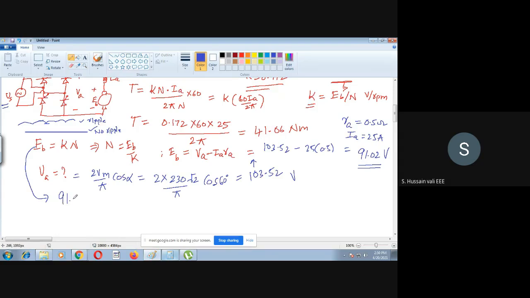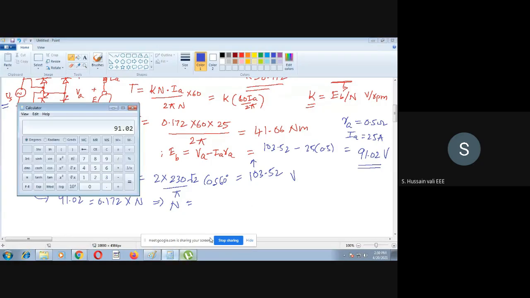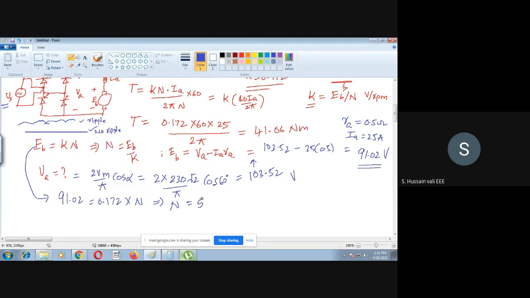So 91.02 is equal to 0.172 into N. From this, what is the value of N? The value of N is 91.02 divided by 0.172, so 529.1 RPM. So this is the second question, we got the second question also.